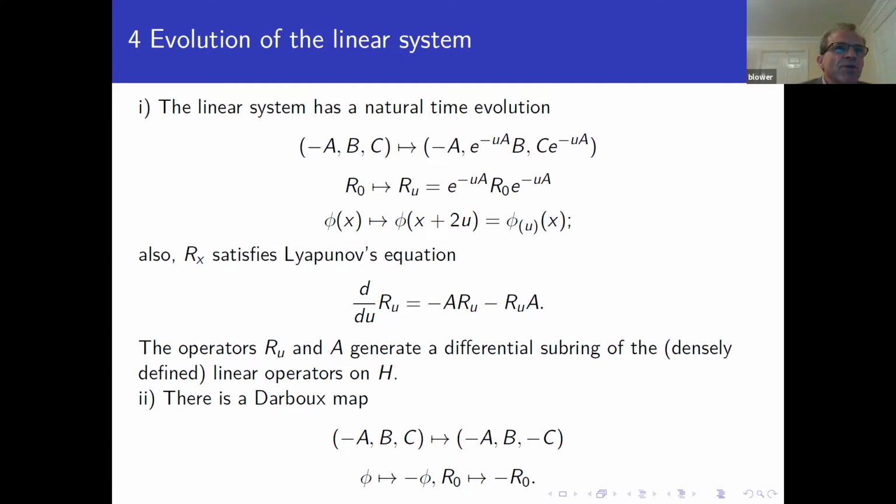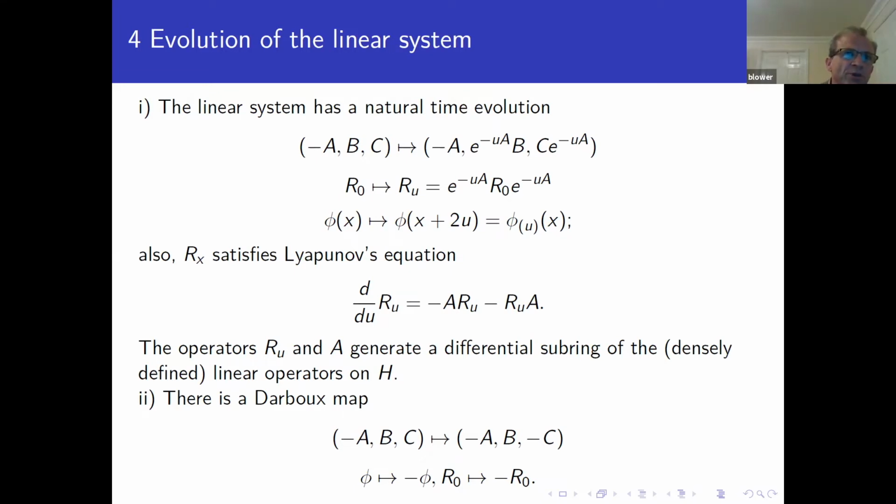It's evident from the formula on this frame, also from the integral definition, that the R is going to give a solution of Lyapunov's equation in which we differentiate with respect to the parameter u, and we get minus A times R_u minus R_u times A. Now, differential equations of this form, or things like it, appear frequently in the fundamental work of Peller, Megretsky, and Treil on the spectral theory of Hankel operators.